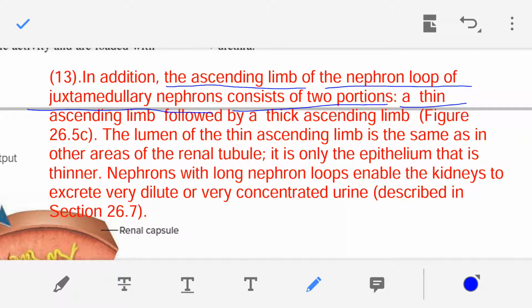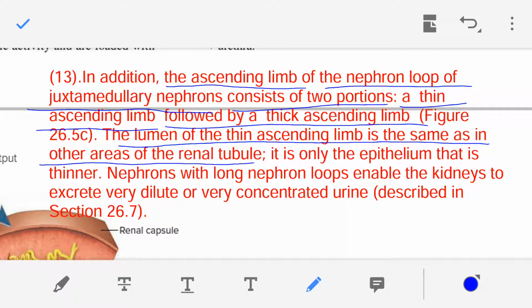See, a thin ascending limb followed by a thick ascending limb. So this I have already shown you in the figure. Then the lumen of the thin ascending limb is the same as the area of the renal tubule, and only the epithelium is thinner.